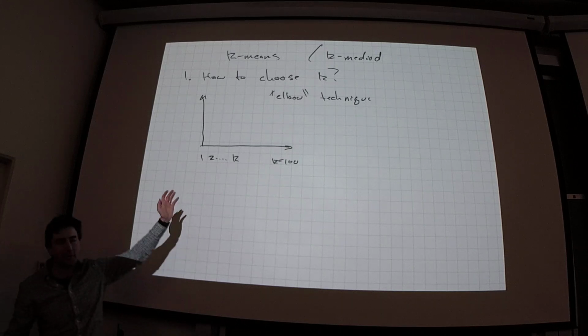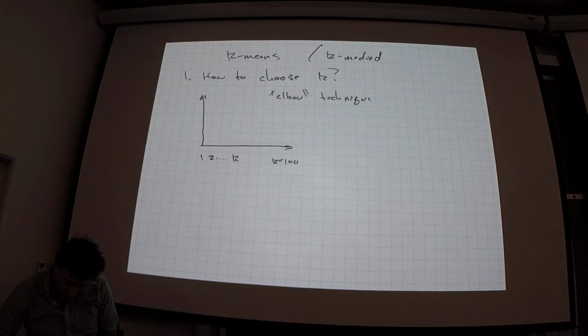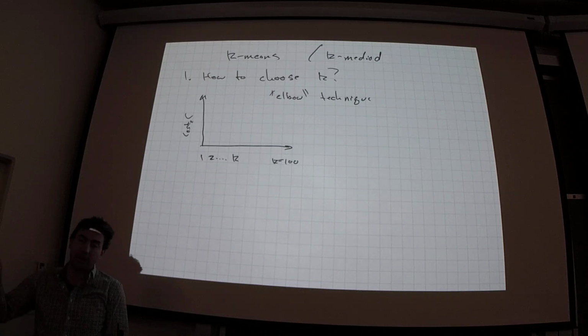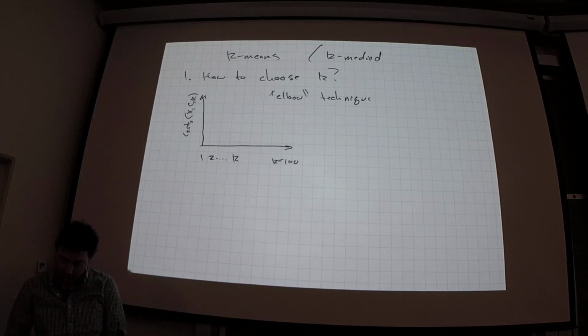I don't necessarily need to go up to 100 all the time. But I'm going to run the algorithm each time, and I'm going to write down the cost, the thing I'm trying to optimize, which I've defined with these cost functions, for the data set X and some value of K.